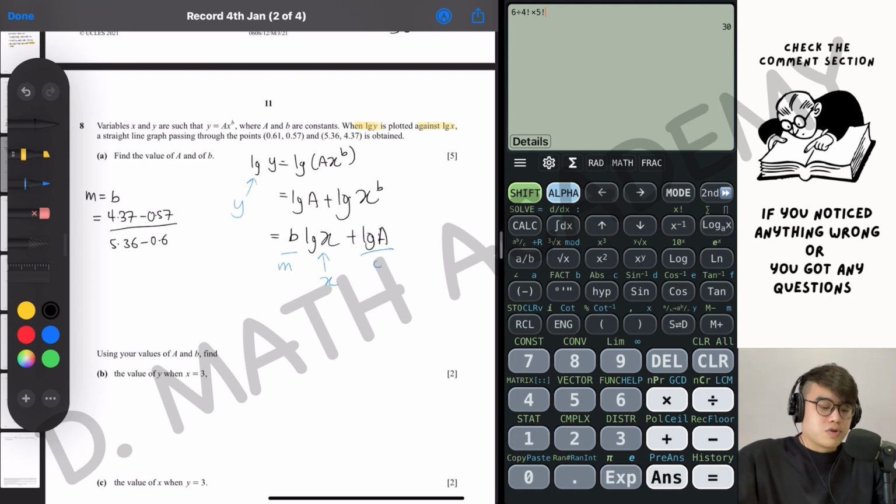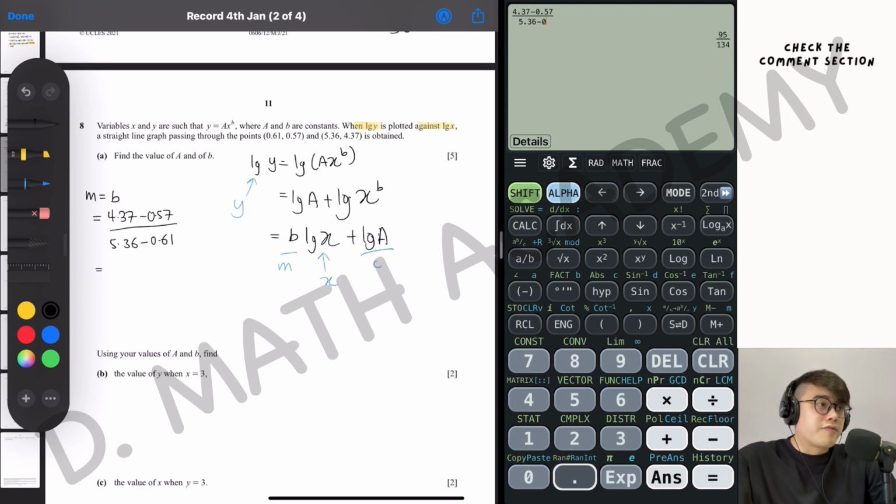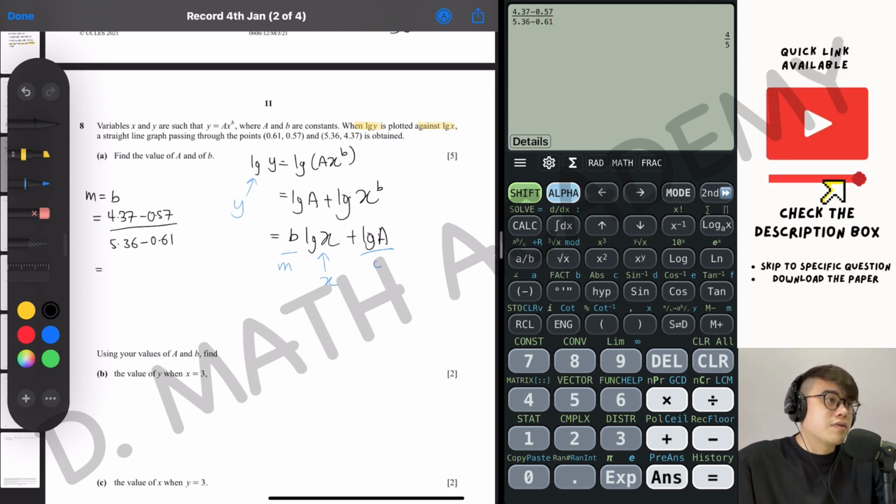So from this, you should be able to get the results. You will get 4/5 as your final answer here, or you can write it as 0.8 if you wanted to. This is for our b.